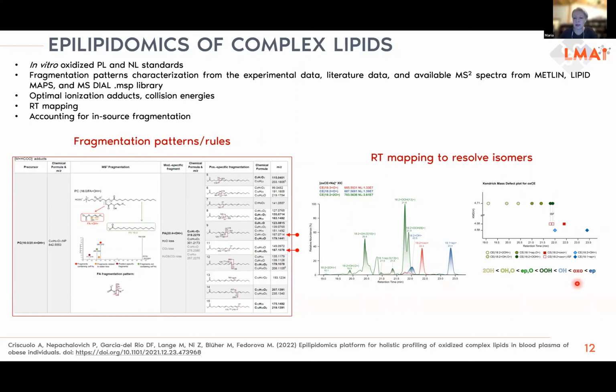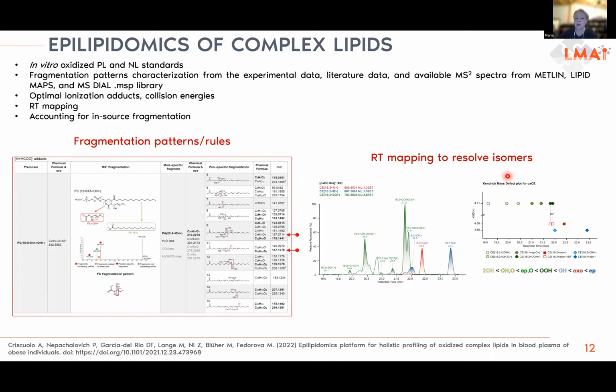And we use it a lot by plotting those retention times versus Kendrick mass defect, because this was shown to be a very useful tool to align those structures and to find, for instance, some artifacts.